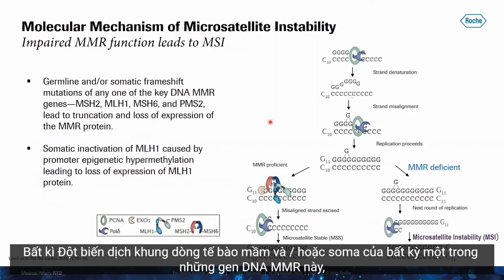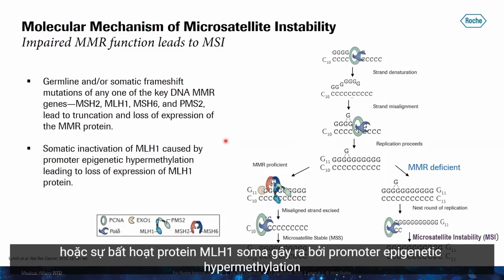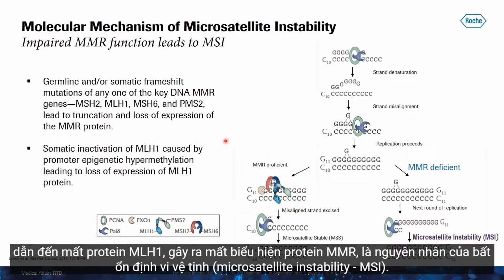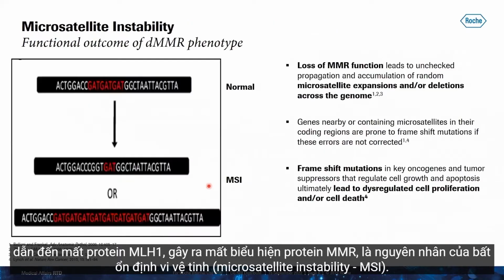If there are defects in any one of the DNA MMR genes, be it germline and/or somatic mutation, or a somatic inactivation of MLH1 caused by promoter epigenetic hypermethylation, leading to the loss of the MLH1 protein, this leads to the loss of expression of the MMR protein, resulting in microsatellite instability.